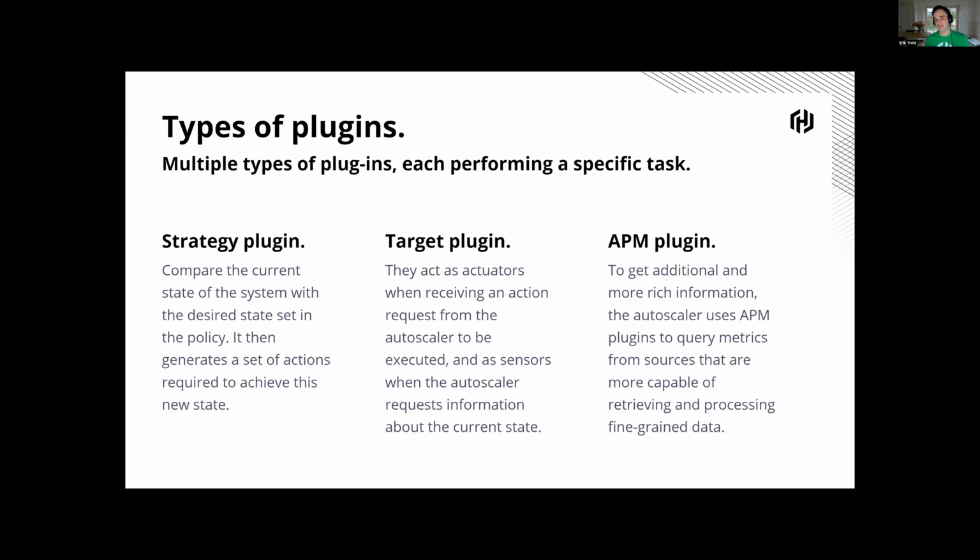They function as actuators when they receive an action request from the autoscaler, and they also serve as sensors when the autoscaler wants to get information about the current state of the system. And in order to make decisions on scaling, we have the APM plugins, which query information from an external system or from Nomad, and then provide that to the autoscaler.